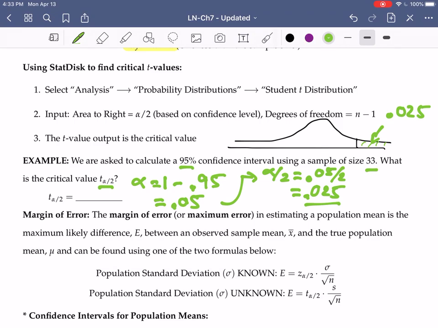We're identifying the critical value that separates the top 2.5%. Now, the t-distribution also takes as an input the degrees of freedom, which is going to be 33 minus 1. It's 1 less than the sample size in this setting. All right, so let's go over to StatDisk and roll through that.